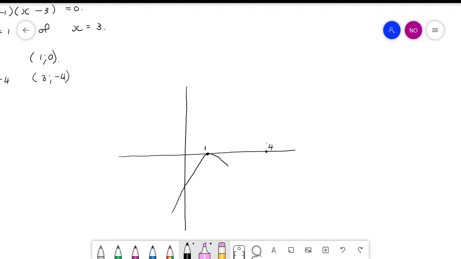Turn there. I'm missing one value. There. Okay.